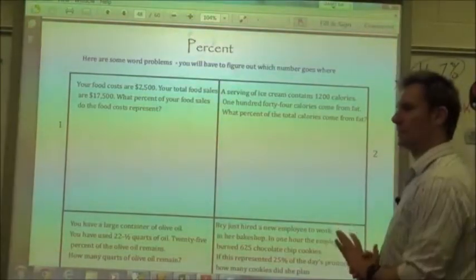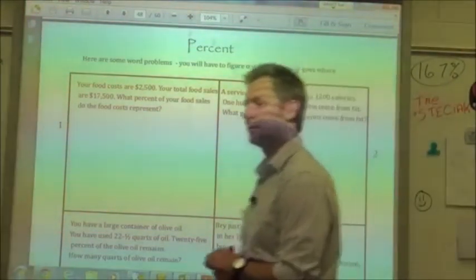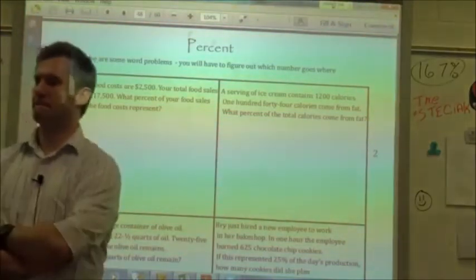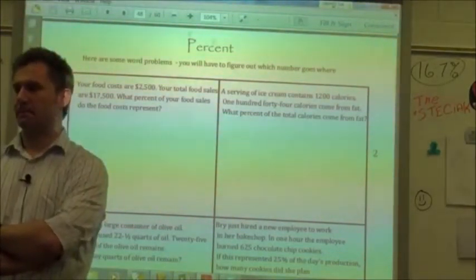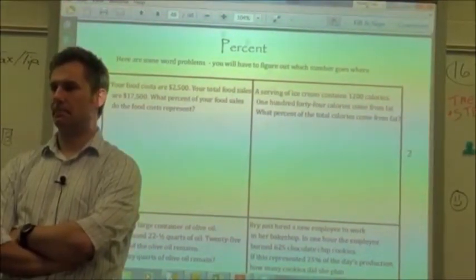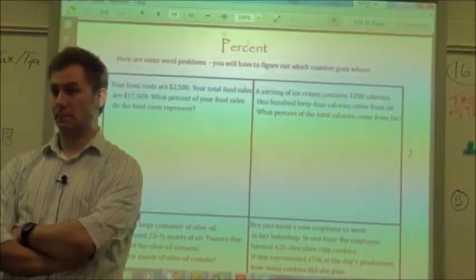Yes, sir. I found out a faster way to figure out the discount. Instead of doing the proportion thing, all you have to do is multiply the price by the percent. Yeah.